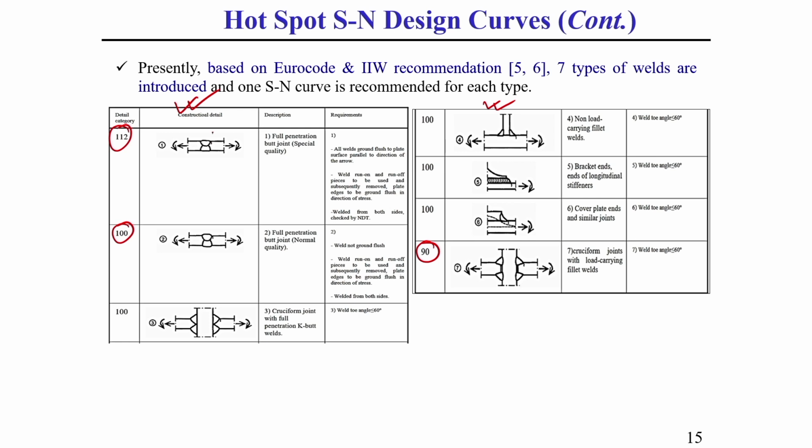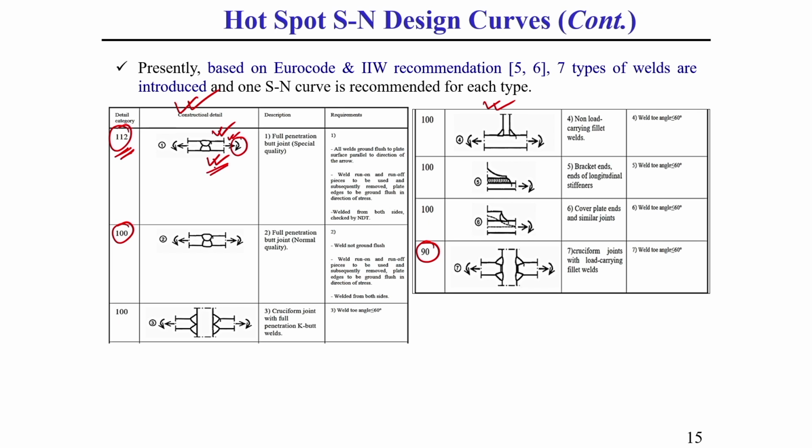So, for different types of weld geometry, we should consider a FAT value of 112 when, as you see in the first figure, butt welding is done on both sides and it is subjected to both axial as well as bending loading, and the welding is fully penetrated. For hotspot stress calculation, we consider the FAT value as 112.